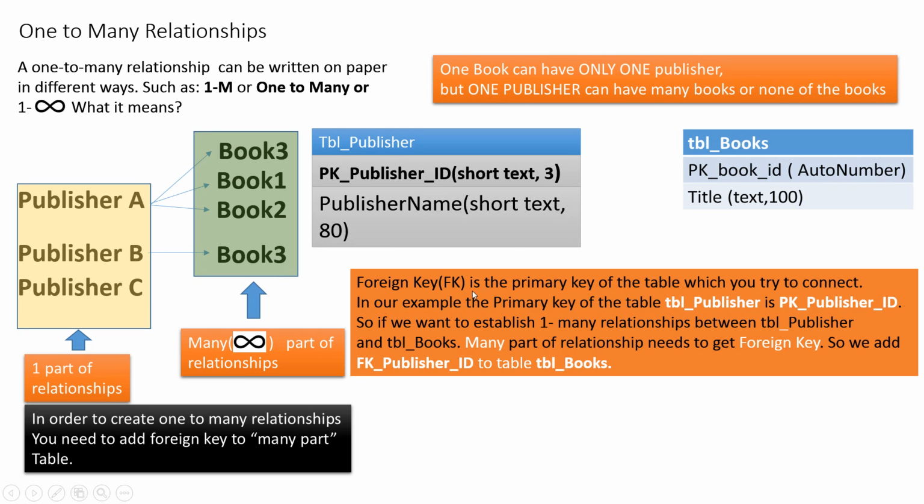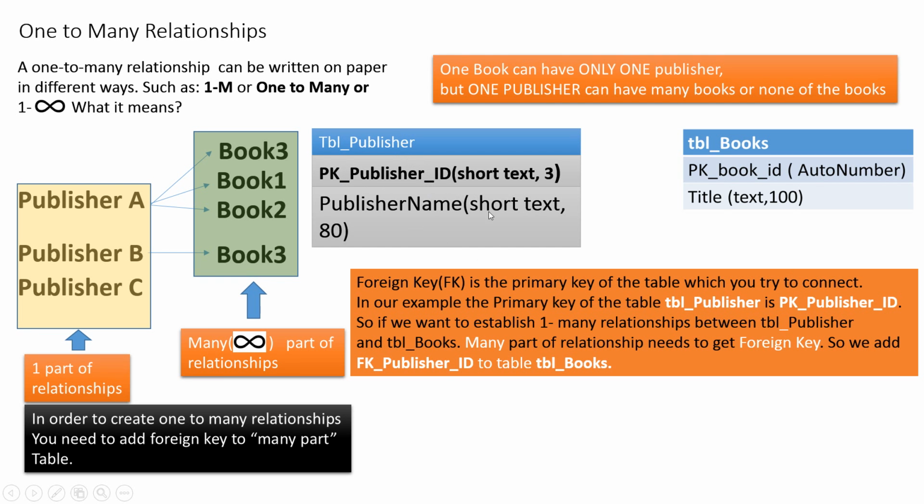And as we said, we need to have a foreign key for the table books. So foreign key is the primary key of the table which you try to connect. In our example, the primary key of the table publisher, right? So table publisher, you have primary key, PK publisher ID.